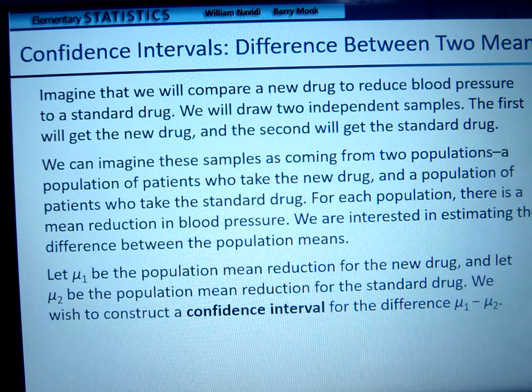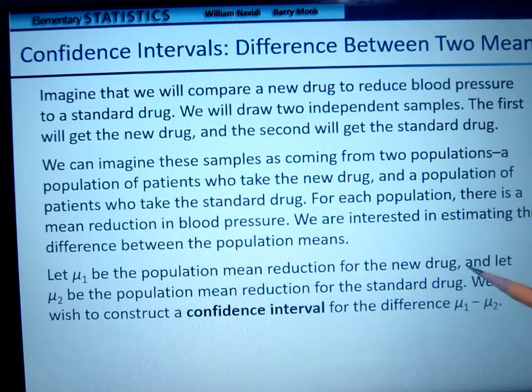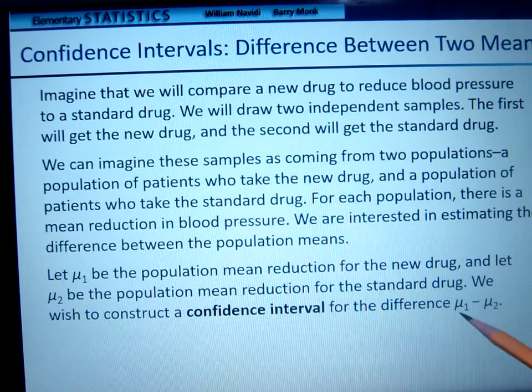So we're going to let mu1 be the population mean reduction for the new drug and mu2 be the population mean reduction for the standard drug. We want to construct the confidence interval for the difference. So what we are looking at is, as we would say before, what's the difference between these two drugs? That's actually what we're doing when we say there's a difference.